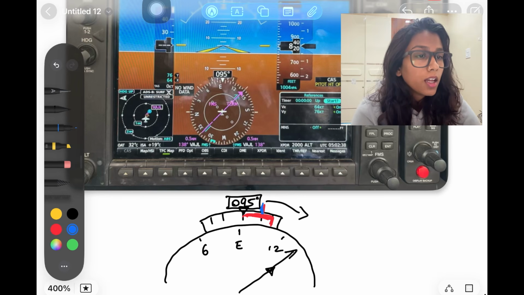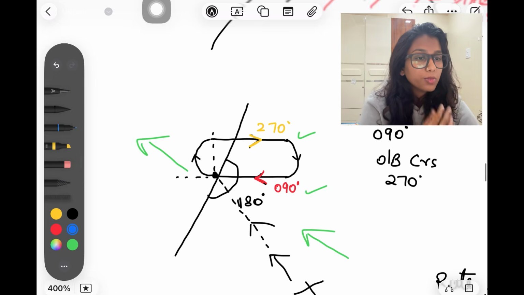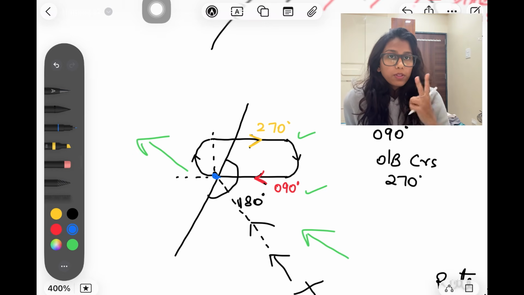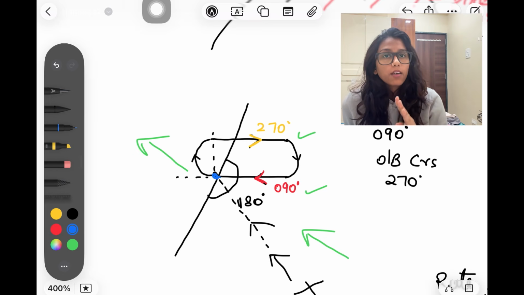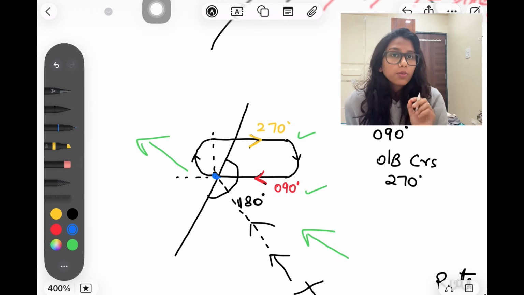Okay. Then let's come back to our heading. As soon as you reach the blue point, the flag will flip 2 times. And when it flips to from, the needle will come downwards, that's when you'll know you'll have to do a rate 1 turn.